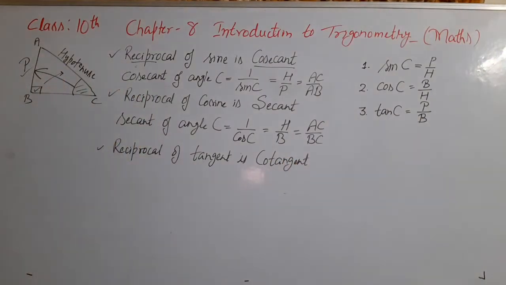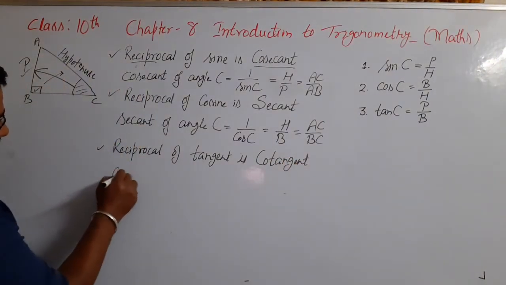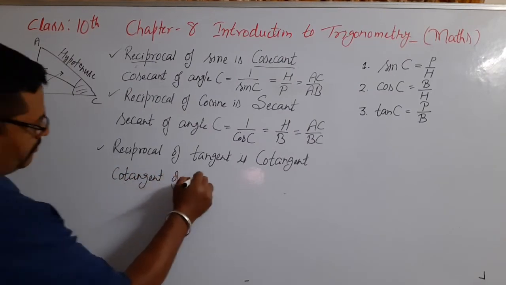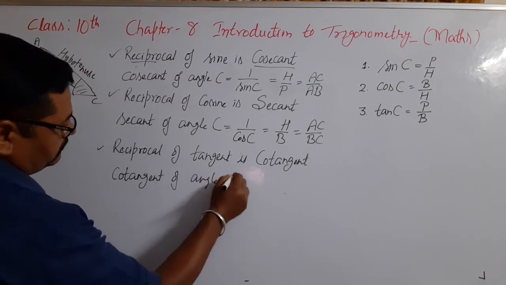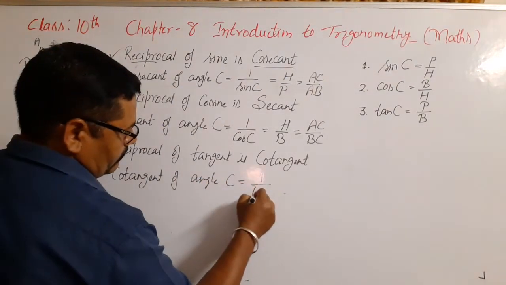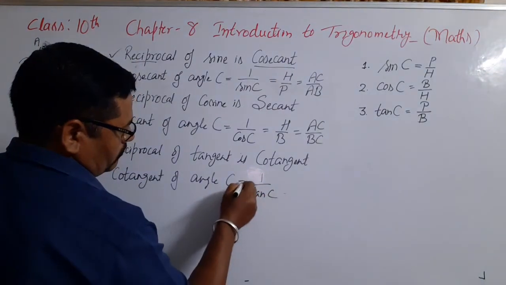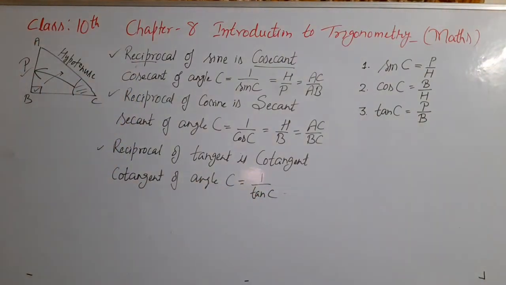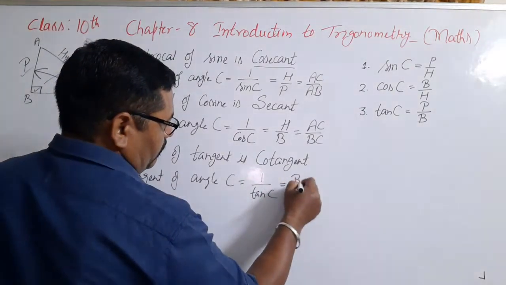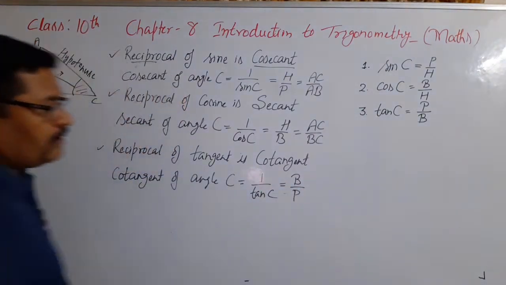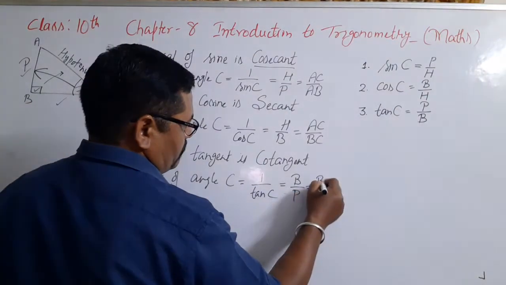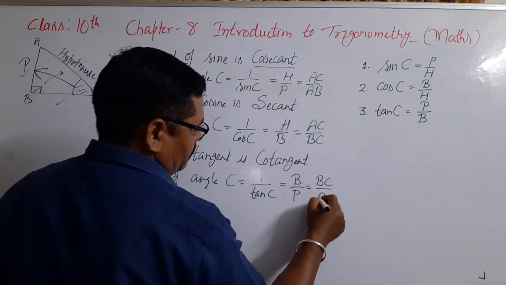And if I want to find cotangent of angle C, then it is equal to 1 upon tan C. 1 upon tan C means the opposite of tan C, that is B upon P. And here the base is BC and perpendicular is AB.